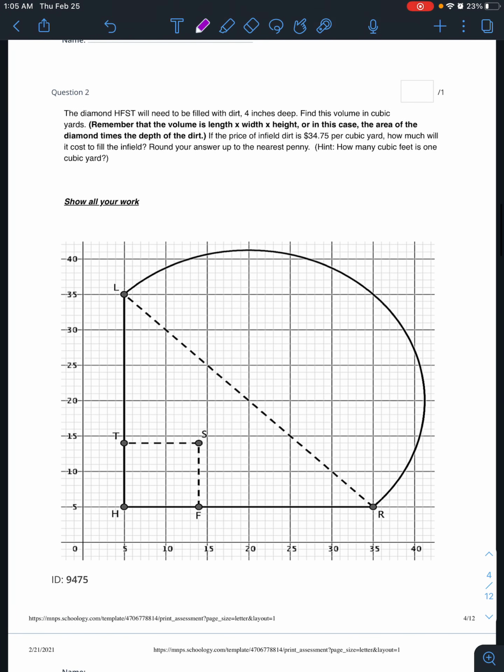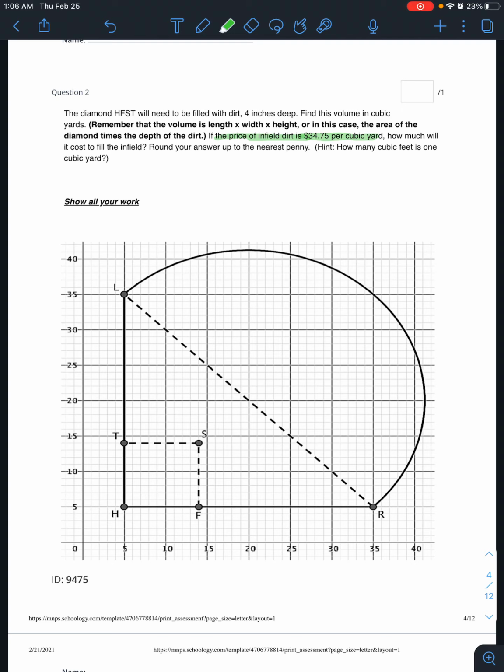So question 2 is talking about volume. So if you remember anything about the conversation we just had, something that you should be skeptical about is the fact that the price of the dirt is $34.75 per cubic yard.